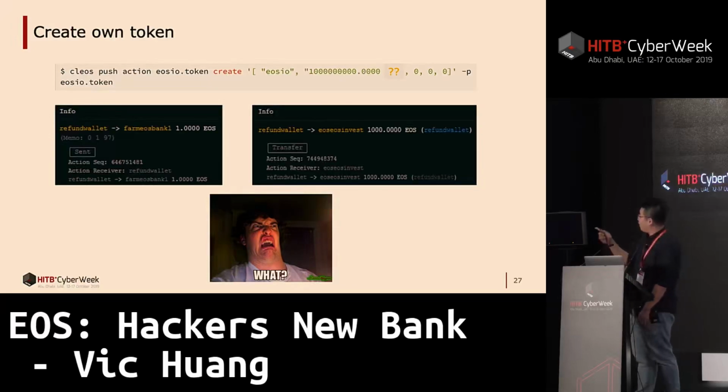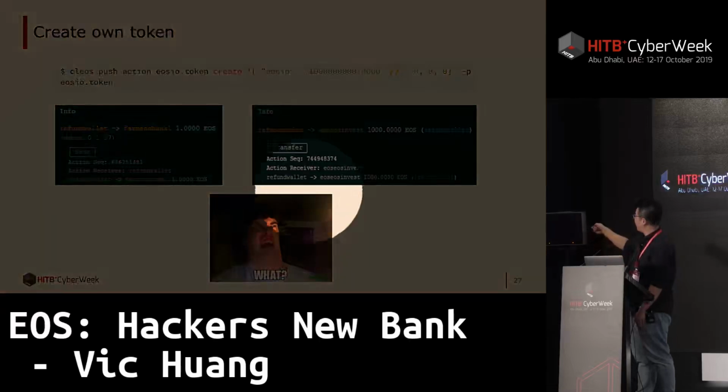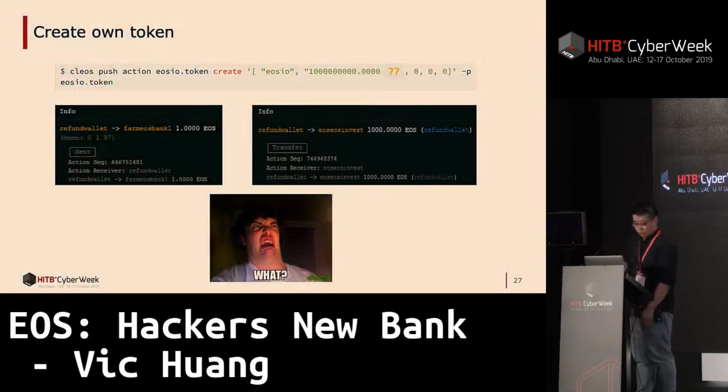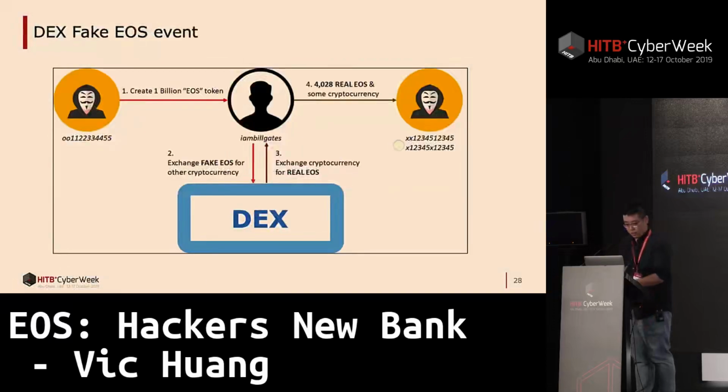There's one fake EOS and another is the real EOS, and the left side is the true EOS because if you look at it in Etherscan or EOSX, there's no comment on the back side. So this is very easy to understand.